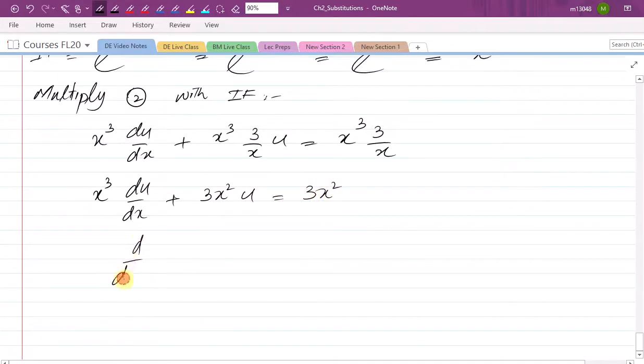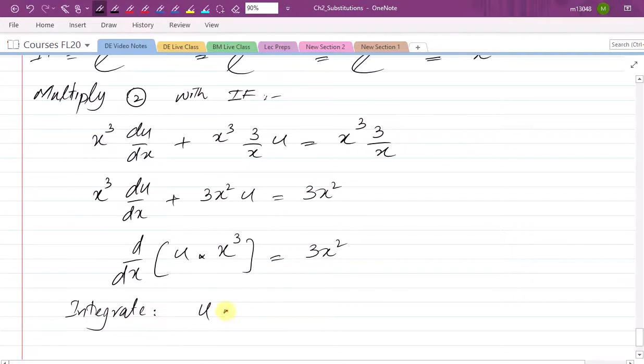Our method says that at this point it should be the dependent variable, which is u, times the integrating factor, which is x cube. And now we integrate: u times x cube equals x cube, the 3 will cancel, plus c.